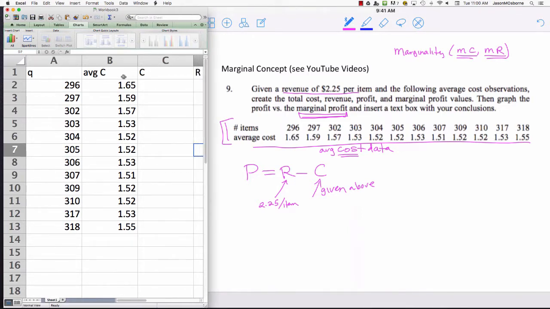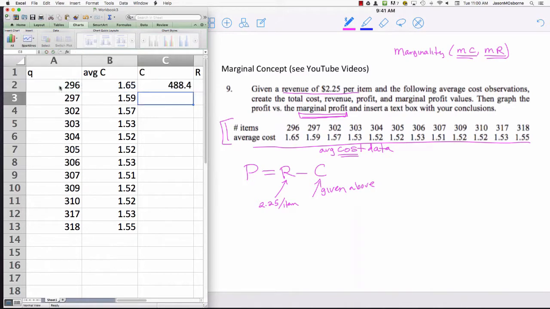The average cost is $1.65 per item at the 296 purchased quantity. So the cost would be $1.65 times the number of units being purchased.